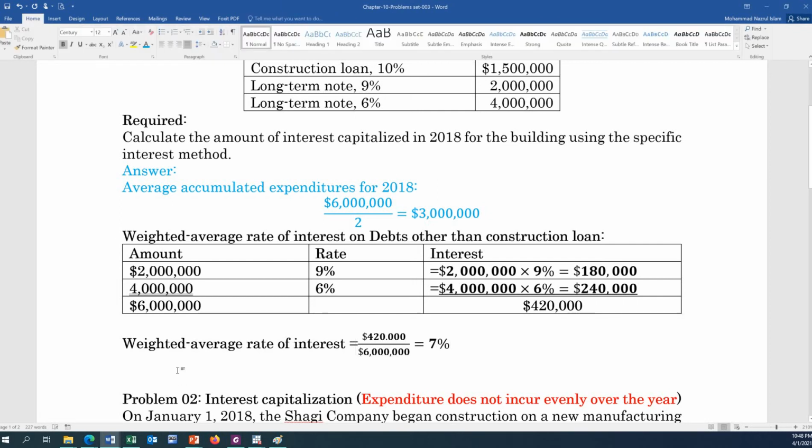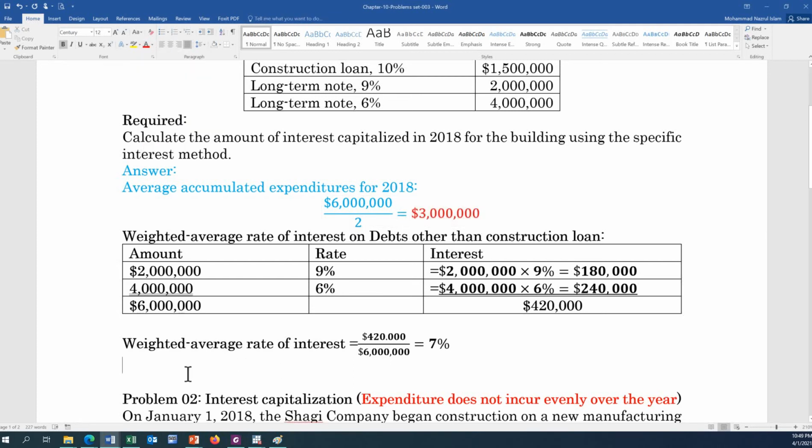And now here you go. So we have this 3 million expense for 2018.